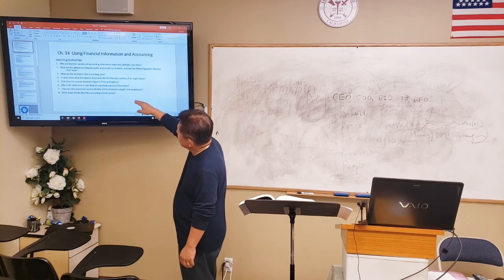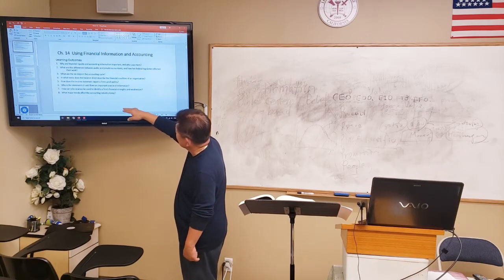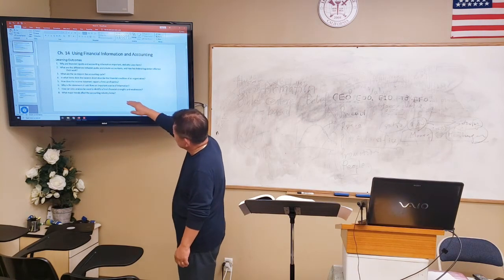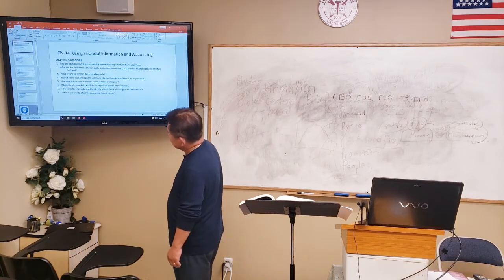Number 5, how does the income statement report the firm's profitability? The financial statements consist of the balance sheet, income statement, and statement of cash flow. So these 3 things are the financial statements. Then 4, 5, 6 cover the income statement and the statement of cash flow, an important source of information. Then number 7 is how can ratio analysis be used to identify a firm's financial strengths and weaknesses?